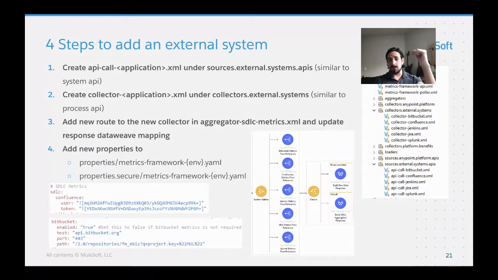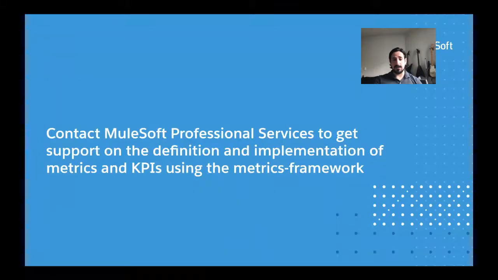You have to include a new source, then a new collector, and based on the information provided by the collector, you can include this new metric in the aggregator, right? That is basically a data mapping. And you have properties, clear properties defined, secure properties and plain properties as well. So for those who know Mule and how Mule works and how to develop Mule applications, this is super straightforward to understand the framework and to extend it in the case you need to do that.